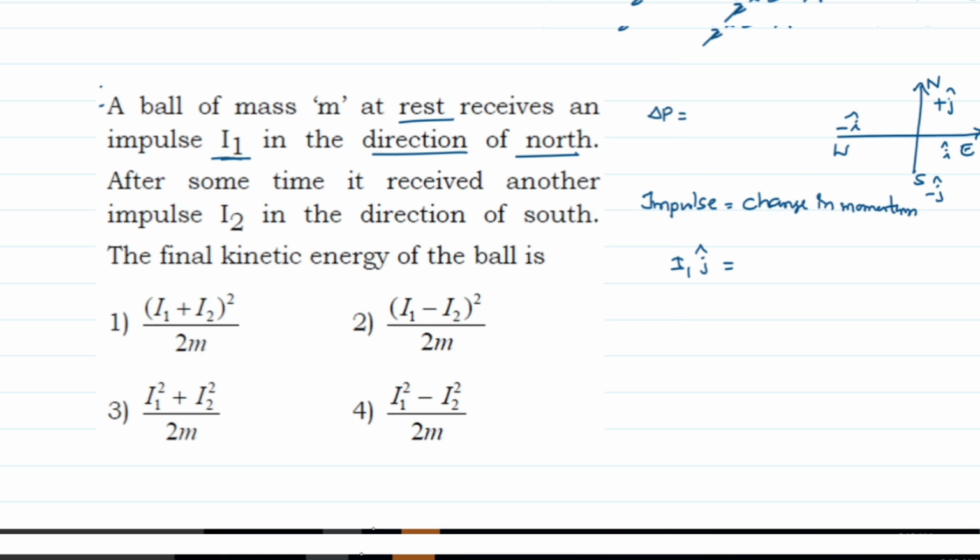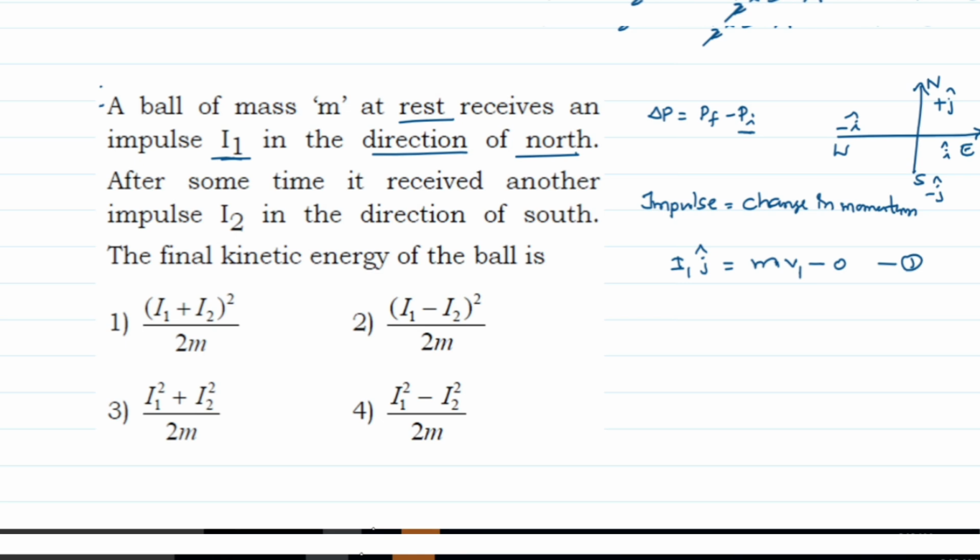Change in momentum is P final minus P initial. Initially it was at rest. P final is mass into velocity, let us take it as m v1, and the initial momentum will be 0. Let us take this as the first equation.